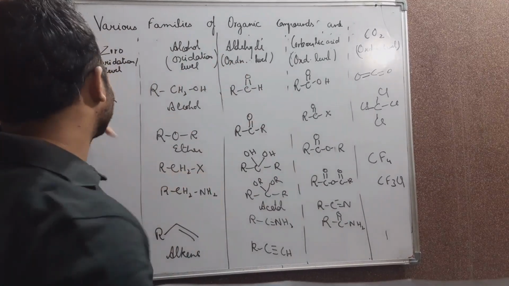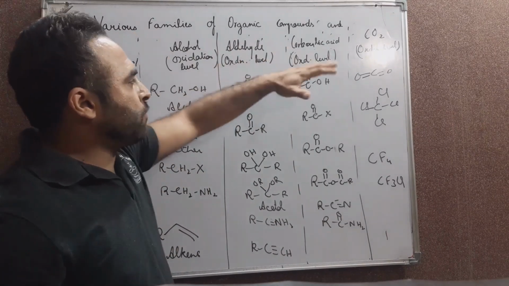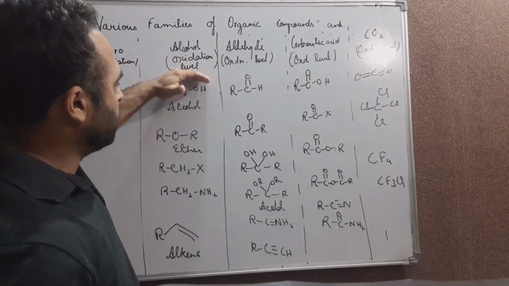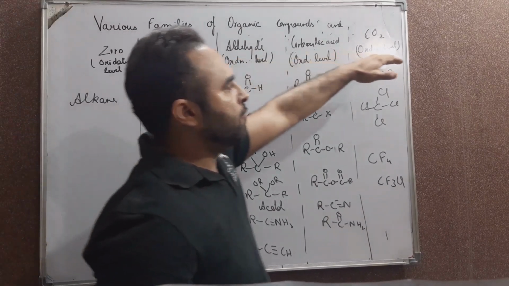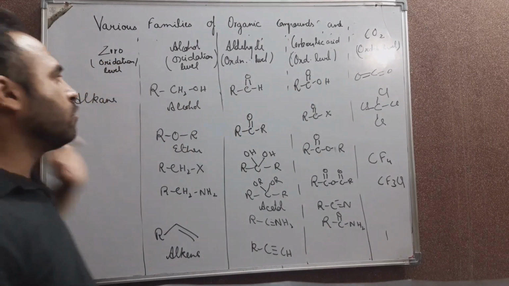Okay. So basically there are five oxidation levels: 0, first, second, third, and fourth. And what is the meaning of oxidation level over here?